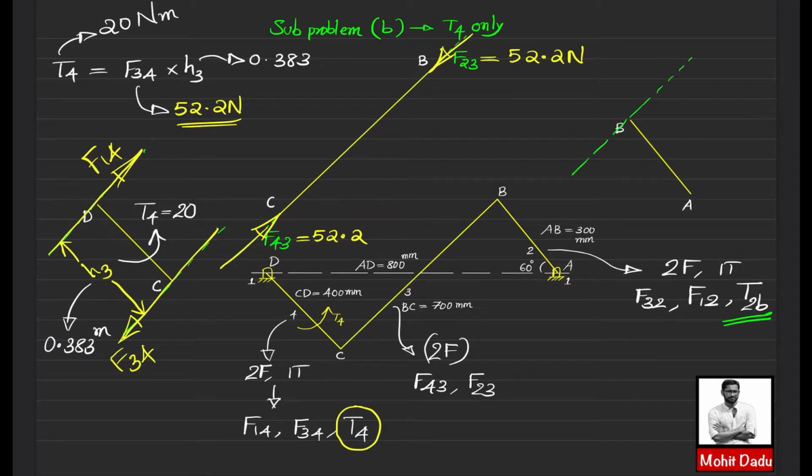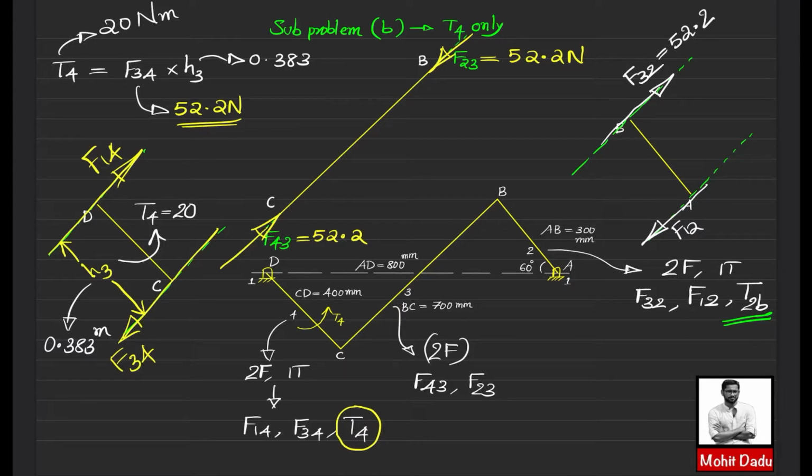Since link 2 is a 2 force and 1 torque member, the other force should be parallel and acting at this position. Now you can give the arrowhead in this direction, and this force can be named as F12. The F32 value will be equal to 52.2 Newton, which is the same as F12.